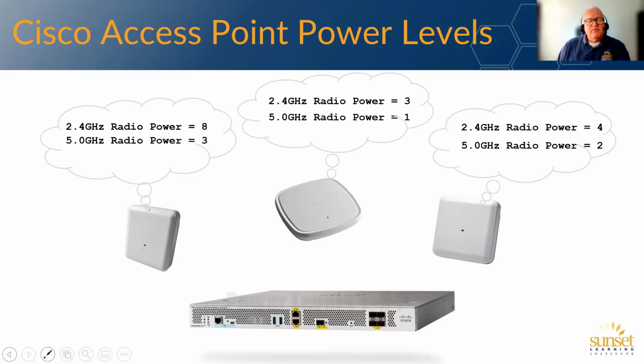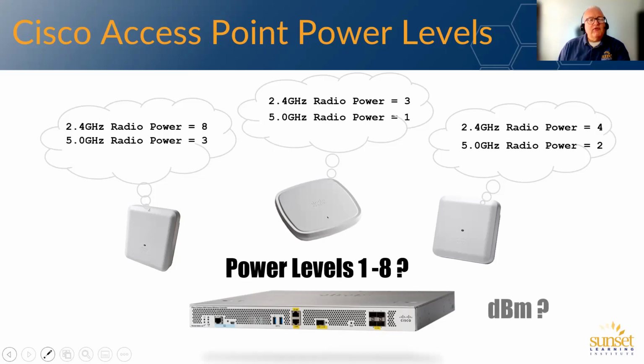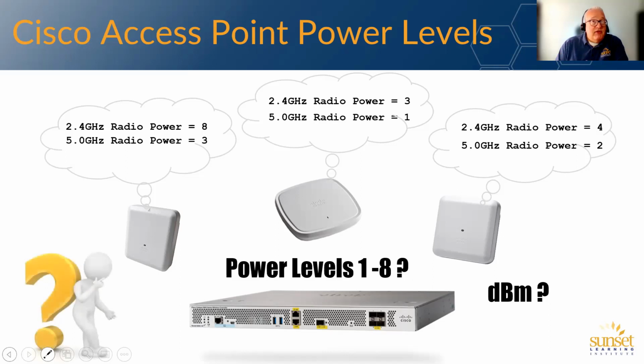So with power levels 1 through 8, how do I know what my power level really is? As wireless engineers, we're used to decibel milliwatt being the unit of measurement we go by, not 1 through 8. So it leaves us scratching our heads, wondering what our power level really is.